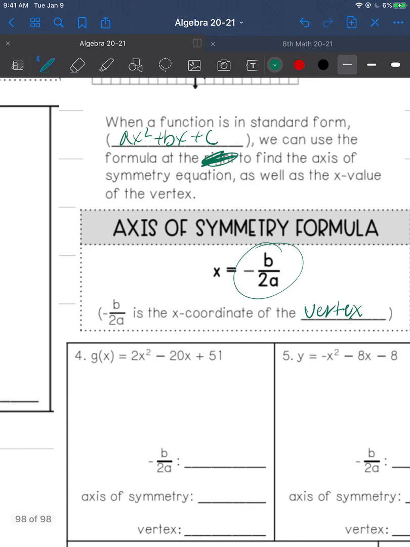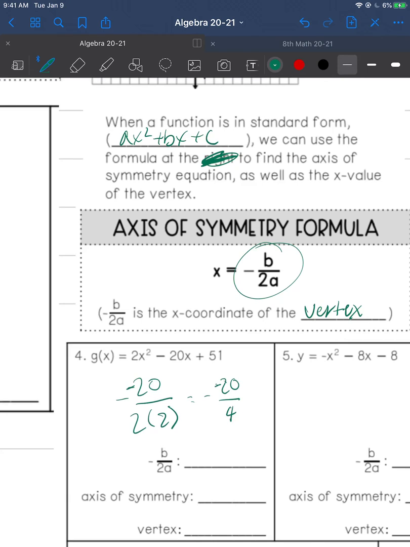So let's practice. So I am on number 4. g of x equals 2x squared minus 20x plus 51. So if we take the negative of b, which is negative 20, over 2 times a, which is 2, that would be negative 20 over 4.